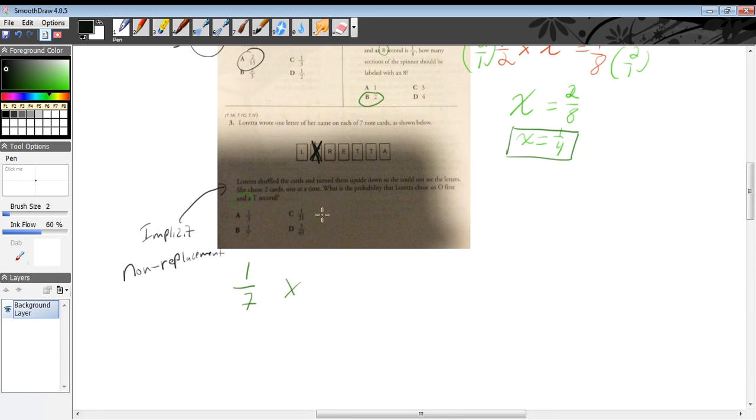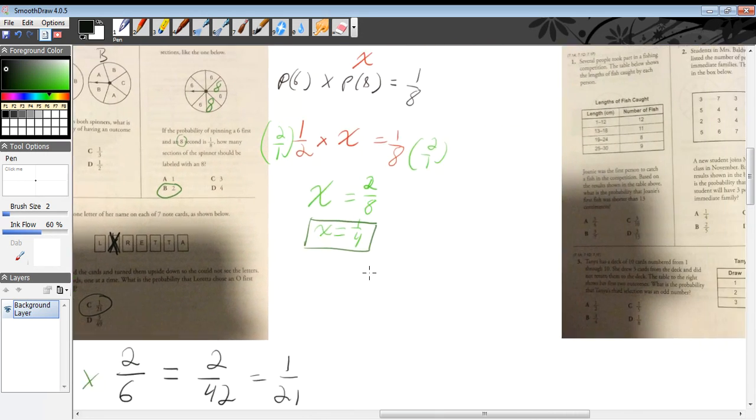So now we have an option of 6 cards. And what is the probability? Well, there's 2, so it's going to be 2/6. Multiplying straight across, and then simplifying, it's 1/21. All right.